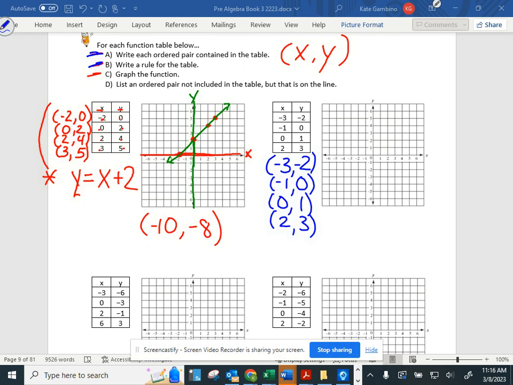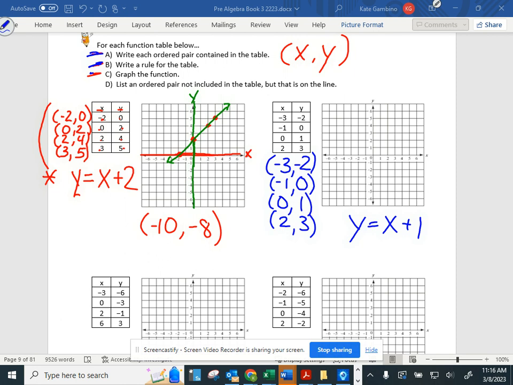If I look at how my x's go to the y's, what am I doing every time? What is my rule? Alexis. Y equals x plus 1.